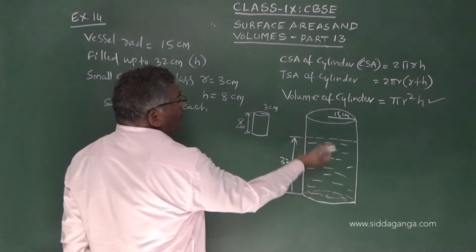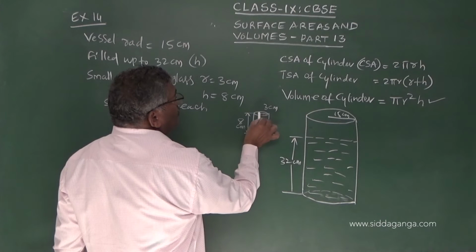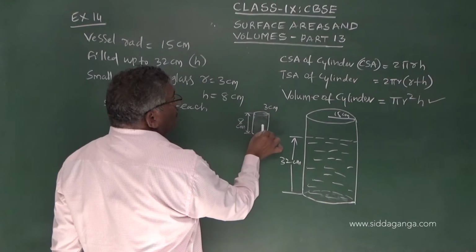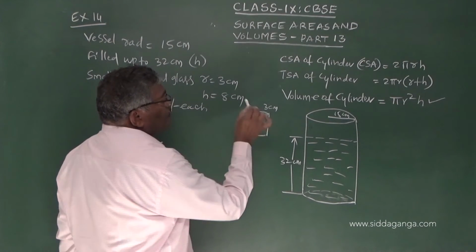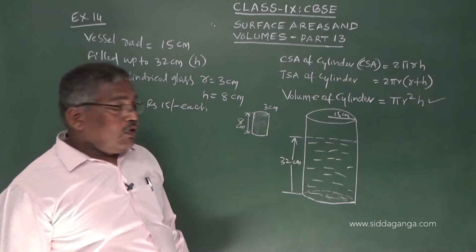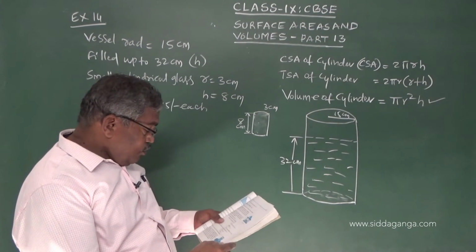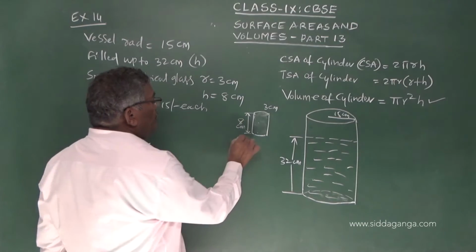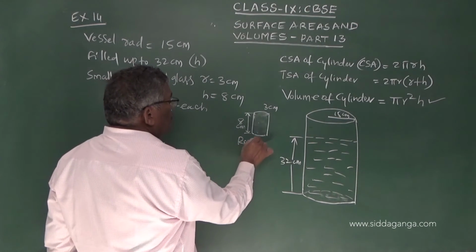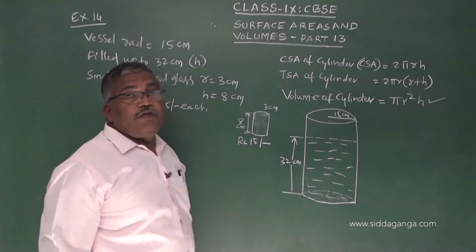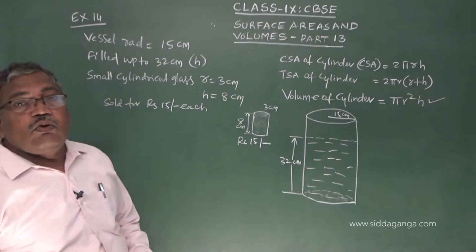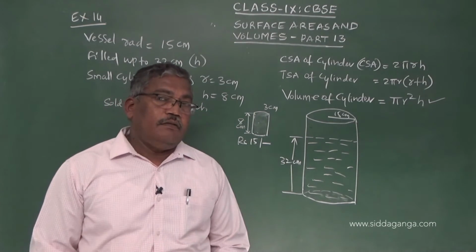So this juice is shifted to such small cups, and each cup is sold for rupees 15 each. The question is total how much money he will get.